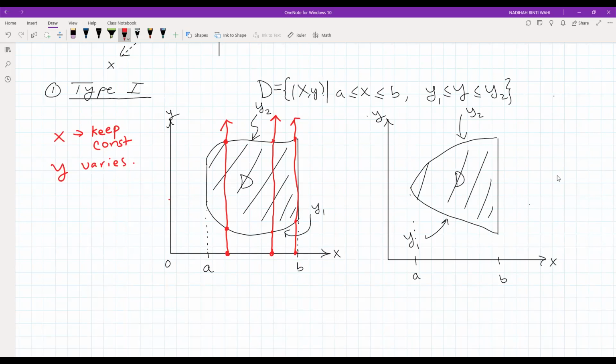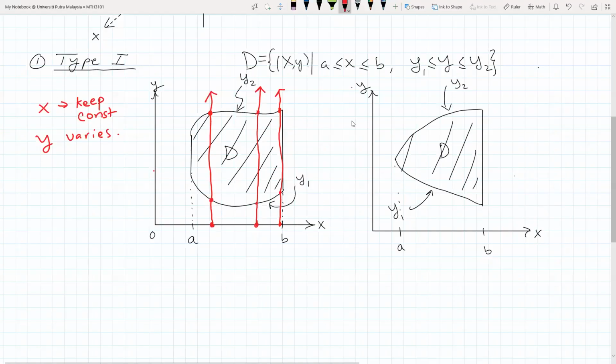Okay, dalam kes yang kedua, let's see this example. Sama juga, kalau kita tengok, kita pick, let's use different color. Let's use yellow.